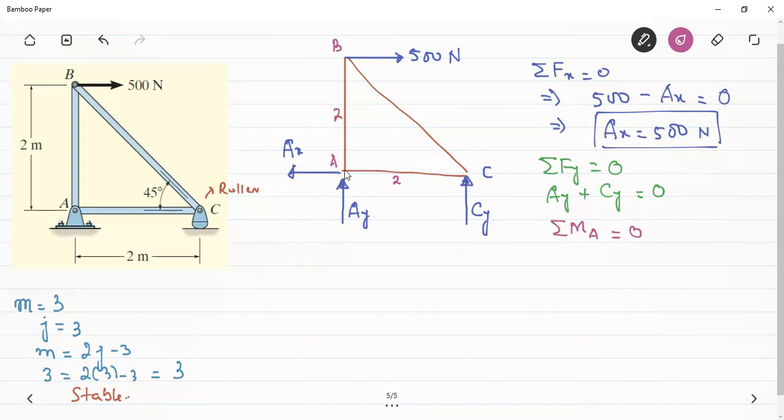Because these 2 forces don't contribute to the moment, it is quite easy to take the moments about the hinge A to be 0. Therefore, we can see that Cy, this distance is 2, this distance is again 2. Cy will create an anti-clockwise moment about A, whose magnitude will be equal to 2 Cy. And 500 will create a clockwise moment about A. Therefore, it will have the opposite sign, 500 into 2. This has to be 0. 2 and 2 will cancel out. We will get that Cy is equal to 500 Newton.